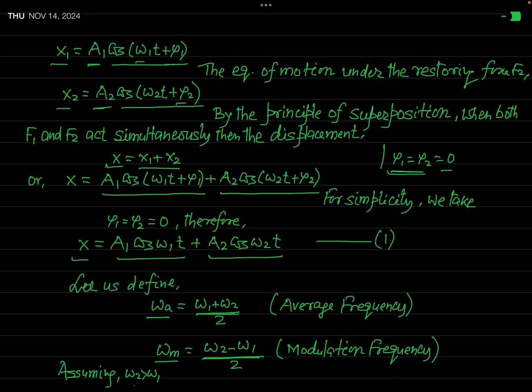Now, on the basis of these two assumptions, we can find the values of omega 1 and omega 2, the frequencies of the individual oscillations, in terms of omega A and omega m.